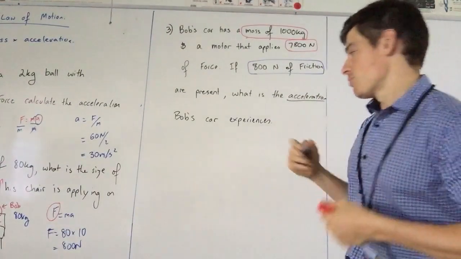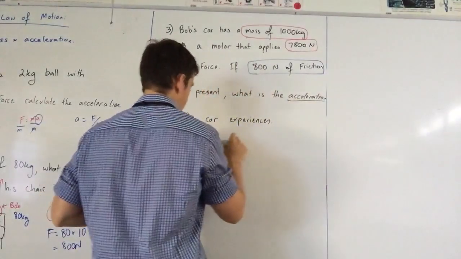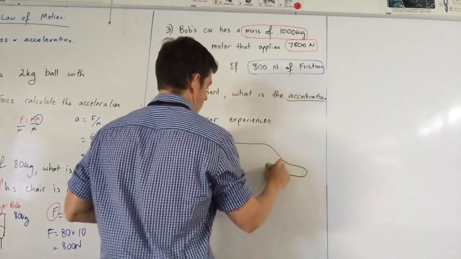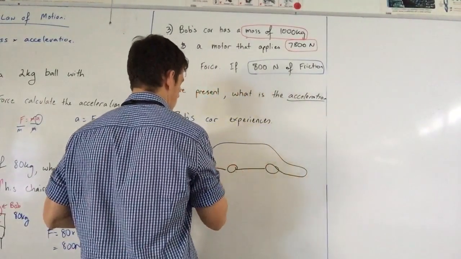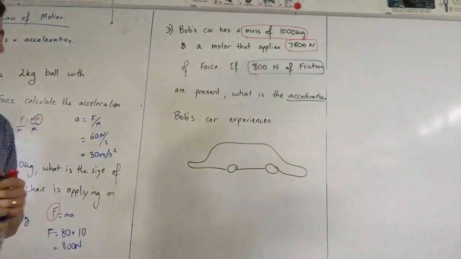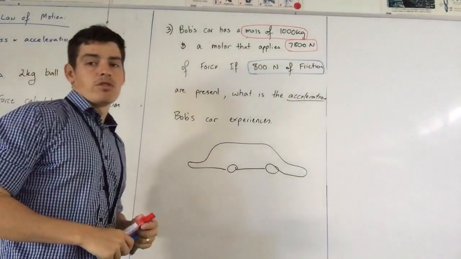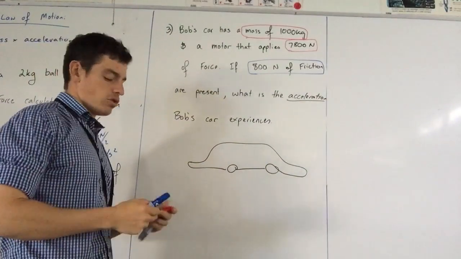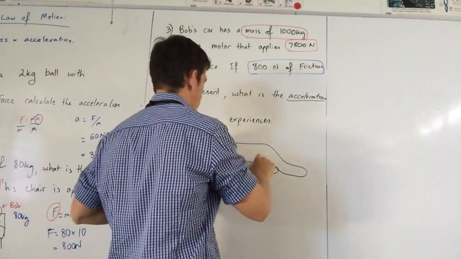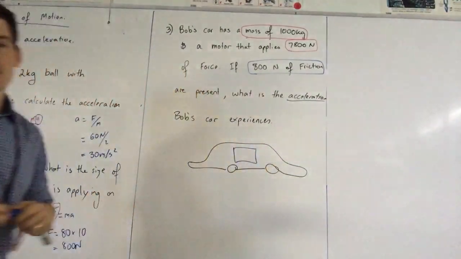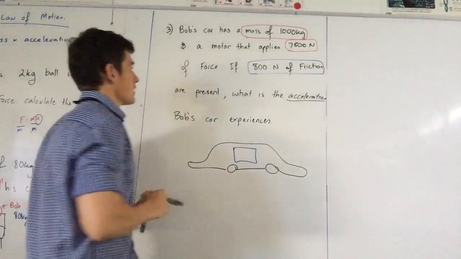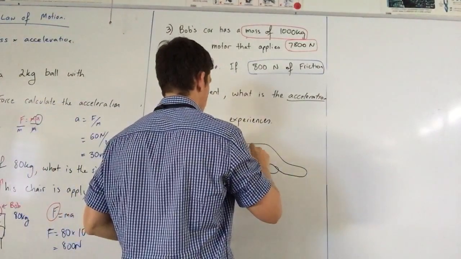With these problems, it's often a good idea to do a diagram. Once you get further through this, we won't be drawing diagrams up, we'll just be drawing a box, and I might even draw a box here to represent our car. Our car has a mass of 1,000 kilograms.